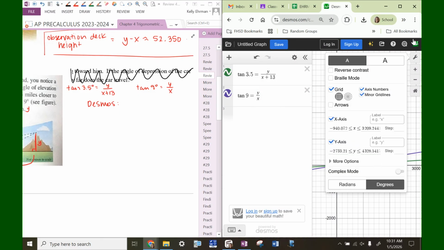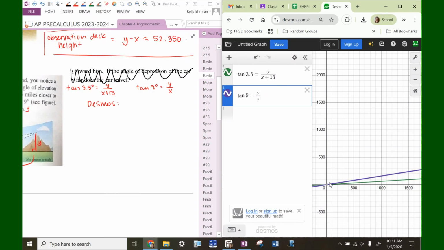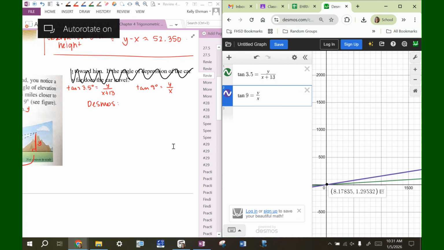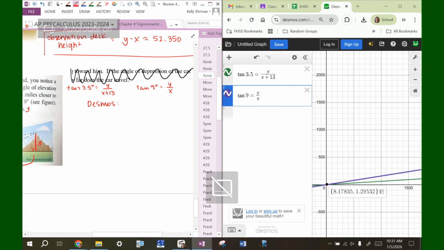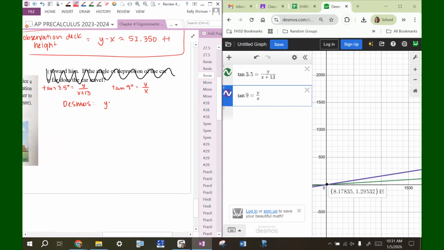I am, degrees right there. And then just where do these cross? So right there, apparently. Which answer do I want? I want the y. Remember it said how high is the mountain? Yeah, approximate the height of the mountain. So y is approximately 1.295 miles high.